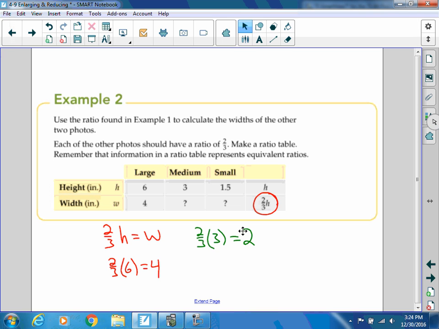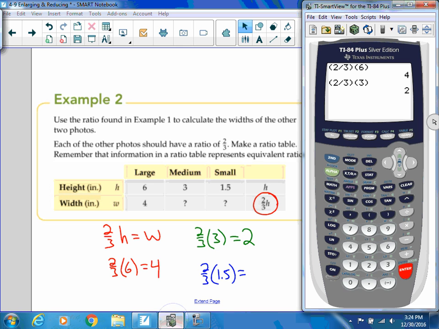Okay, it also works with the 1.5. If I take 2/3 times the 1.5, again, we already know from doing this already that we should get 1.